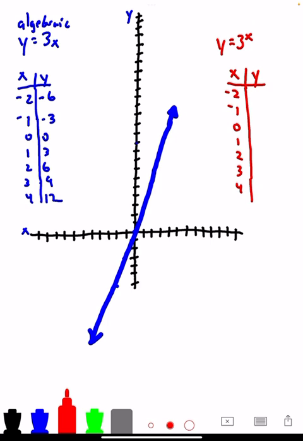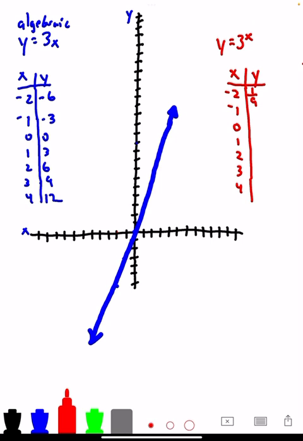Okay, 3 to the negative 2, if we remember, that is 1/9. So here at negative 2, it's 1/9. So it's so small, it's basically just a touch above the x-axis.